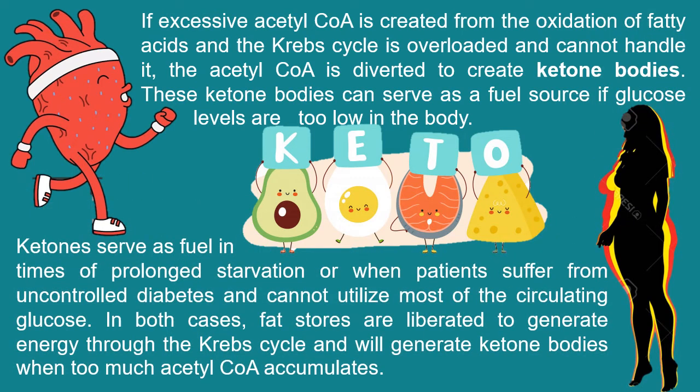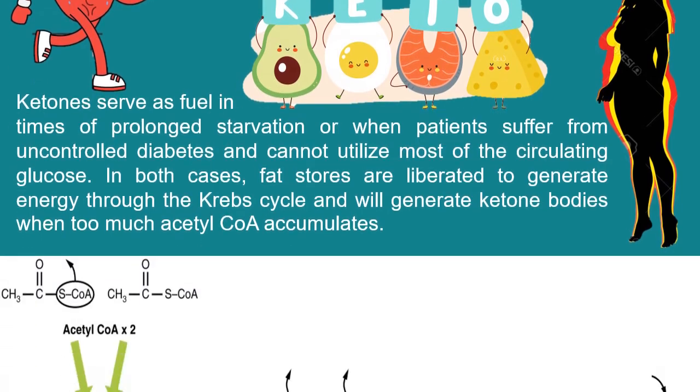Ketones serve as fuel in times of prolonged starvation or when patients suffer from uncontrolled diabetes and cannot utilize most of the circulating glucose. In both cases, fat stores are liberated to generate energy through the Krebs cycle and will generate ketone bodies when too much acetyl-CoA accumulates.